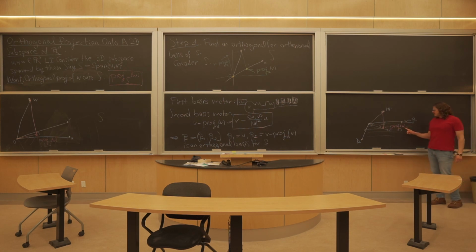Because coming up with a formula for this vector, since this vector is supposed to be in S, and since beta is a basis for S, all I need to do is to find the coefficients. Okay, so maybe I should write that.